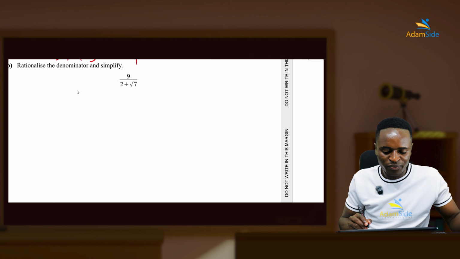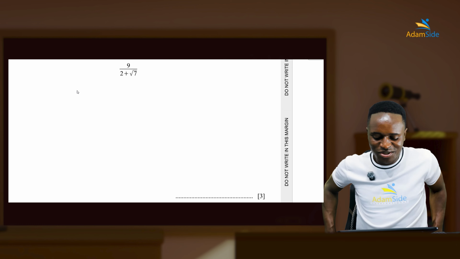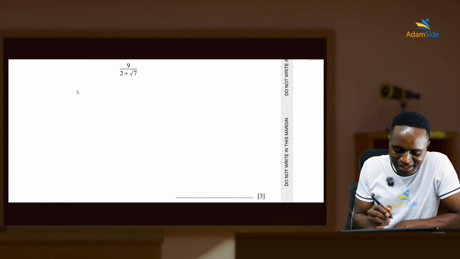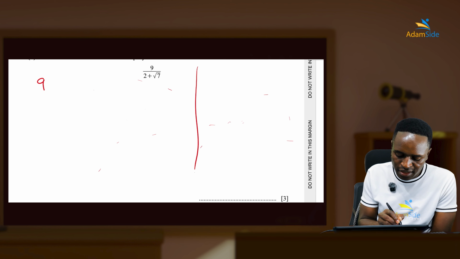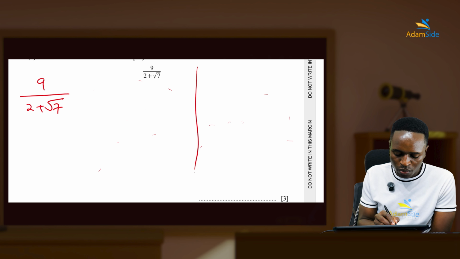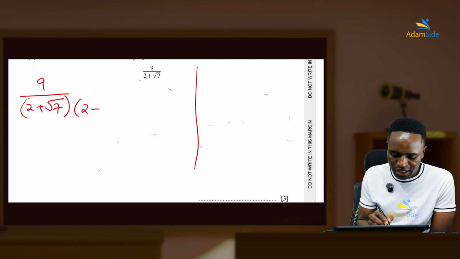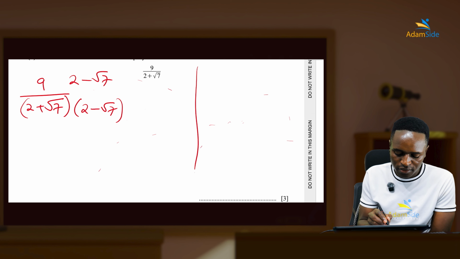Question number 20. Rationalize. This one I taught how to rationalize. It means simplifying the denominator, removing the surd from the denominator. In this case, we have 9 over 2 plus root 7. So multiply with the similar expression but with a different sign. So 2 minus root 7 multiplied by 2 minus root 7.